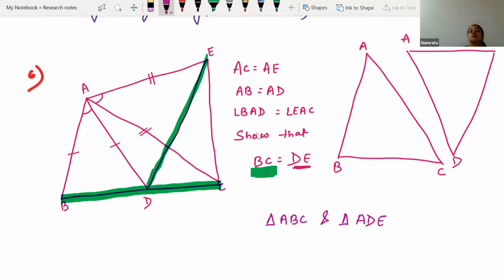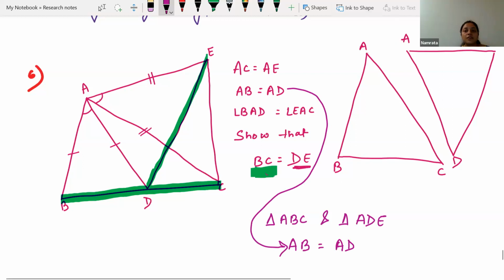Now list down the sides which are same, the angles which are same. So I am going to write side AB from here is equal to side AD from there. Can you see it? Yes, ma'am. It is given already, so I am going to write given over here.